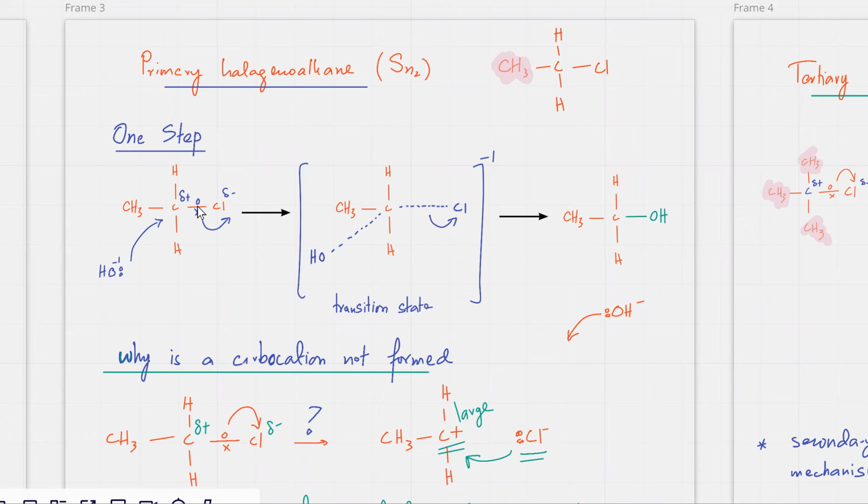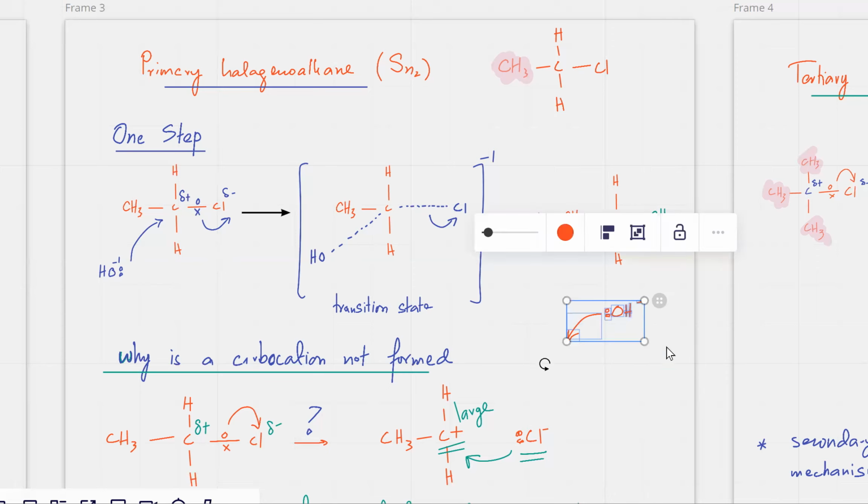Because the negative Cl would be very strongly attracted to this very strong positive carbon atom. And because the positive charge is so strong, the OH minus 1 will also be very strongly attracted to this positive carbon atom. So the OH minus 1 comes in and pushes the Cl away. So the OH minus 1 starts bonding and the Cl starts getting pushed away. And that is your reaction mechanism in this particular case.